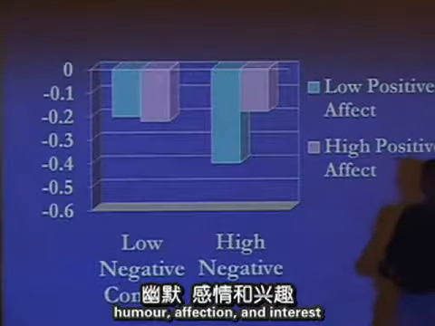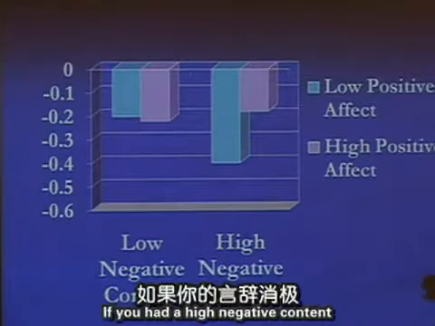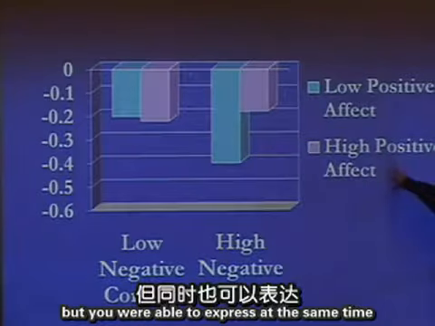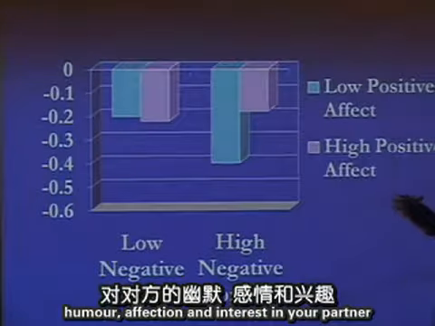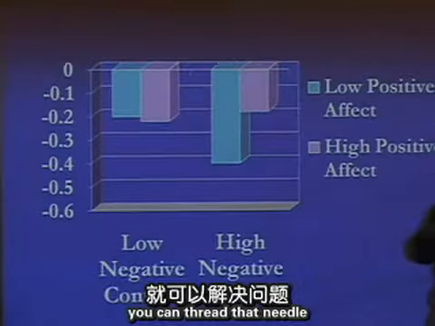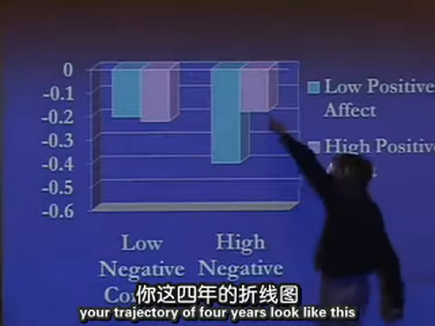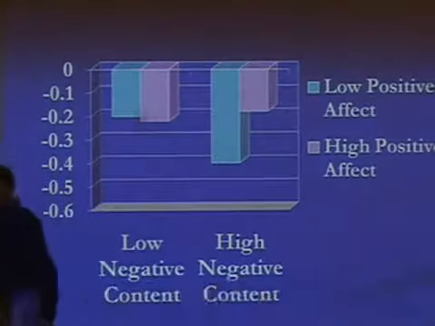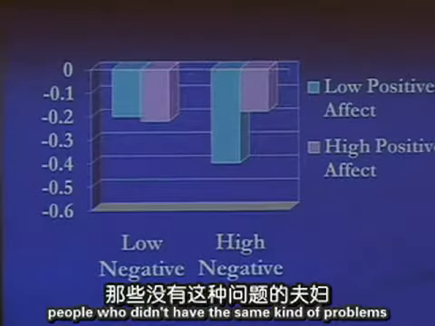If you had high negative content, but you were able to express at the same time humor, affection, and interest in your partner, if you can manage to walk that tightrope, thread that needle, your trajectory over 4 years looked the same as people who didn't have high negative content. People who didn't have the same kind of problems.